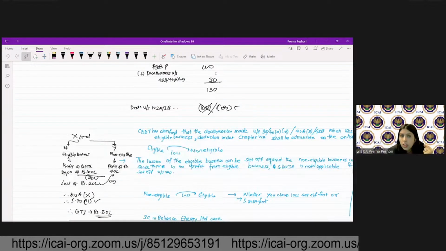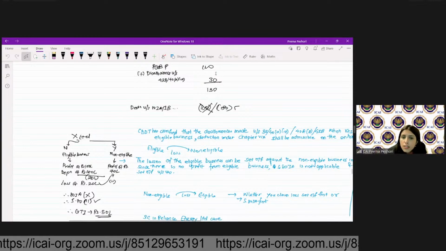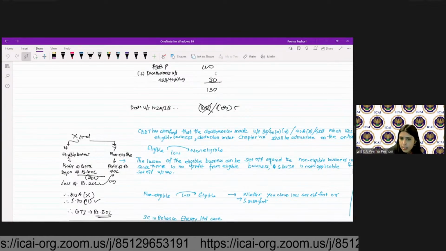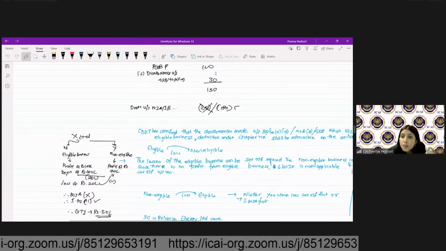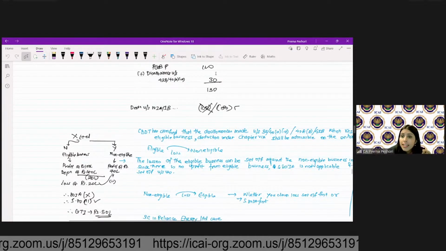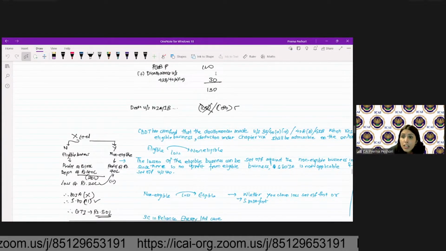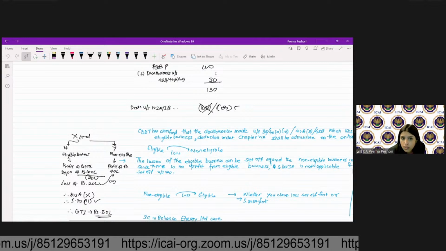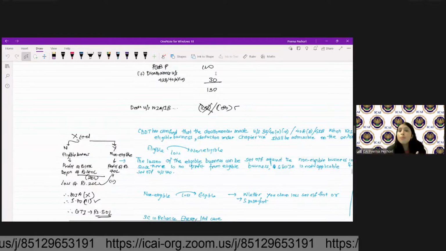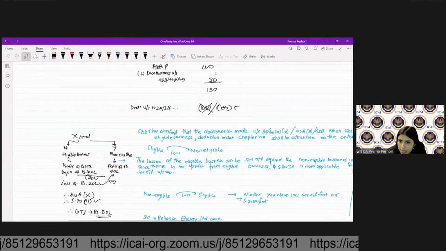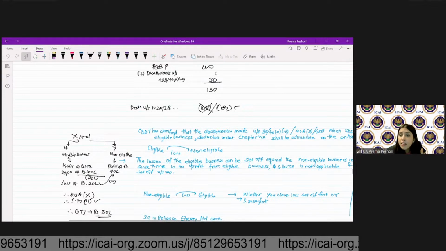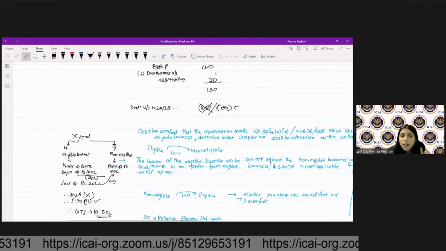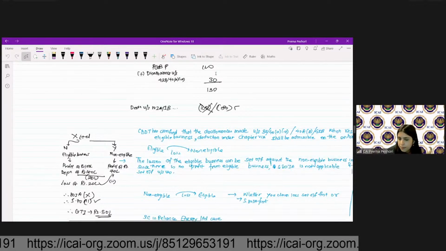That is the question. So the losses of the eligible business can be set off against the non-eligible business income under Section 70 because this is an intra-head set-off of loss. Since there is no profit from the eligible business, 80-IA is not applicable in that case, and therefore losses can be set off under Section 70.